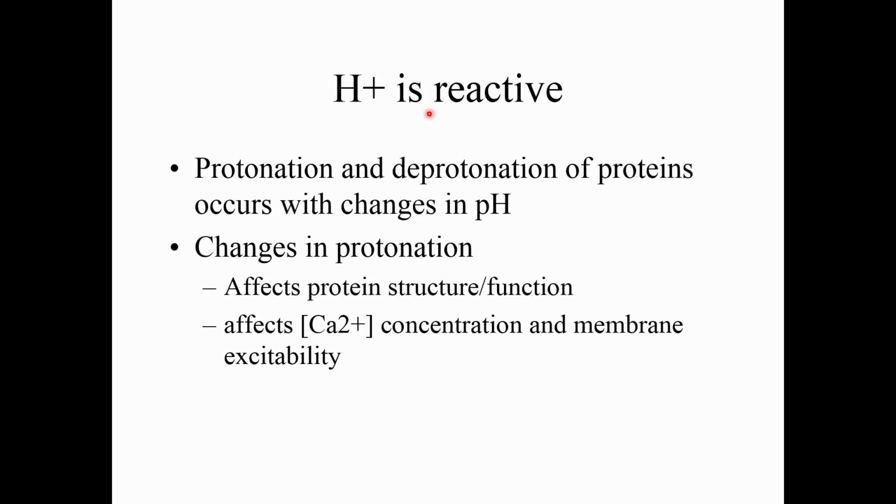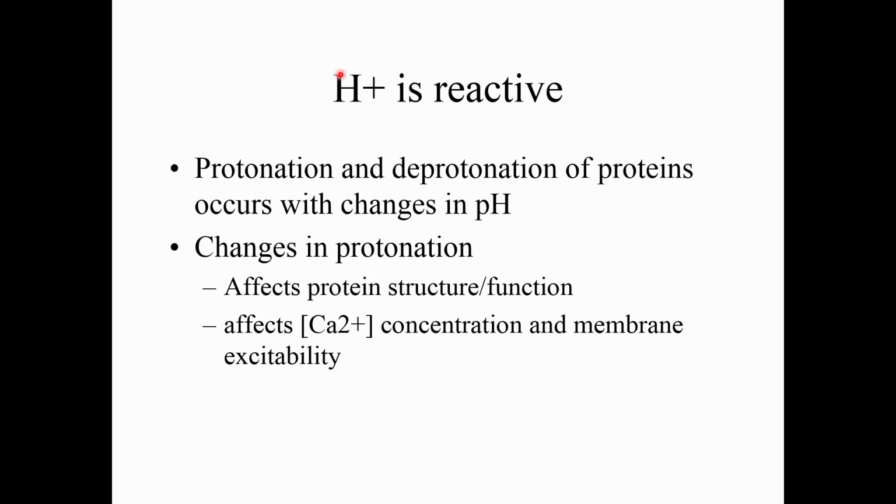When hydrogen ion is added to a protein, that process is called protonation. Why is that? Well, remember that a hydrogen ion has lost its electron, so all it is is a proton. So another name for a hydrogen ion is a proton.